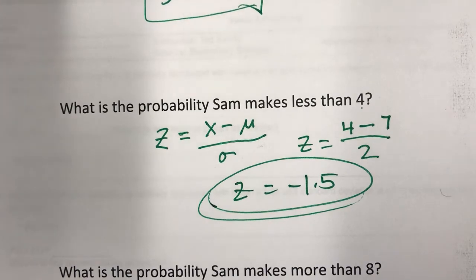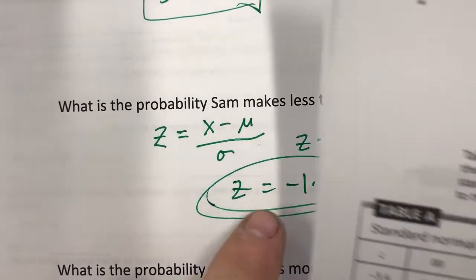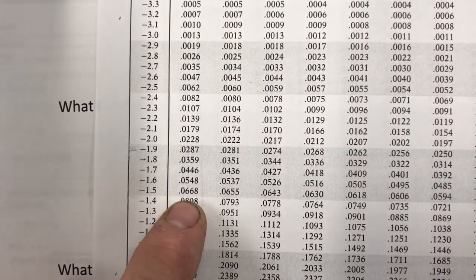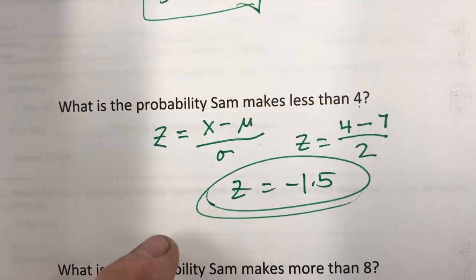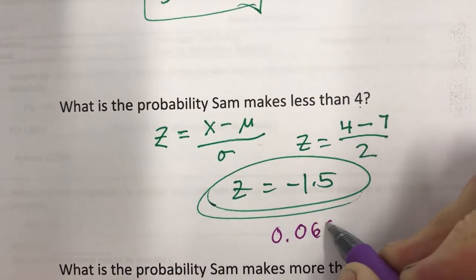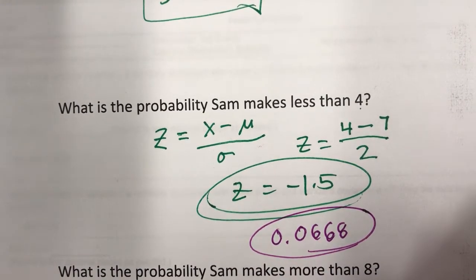Now, all I do is I get my z-score table and I look this value up, negative 1.5. Negative 1.50 is right there: 0.0668. So this is his probability that he makes less than 4.